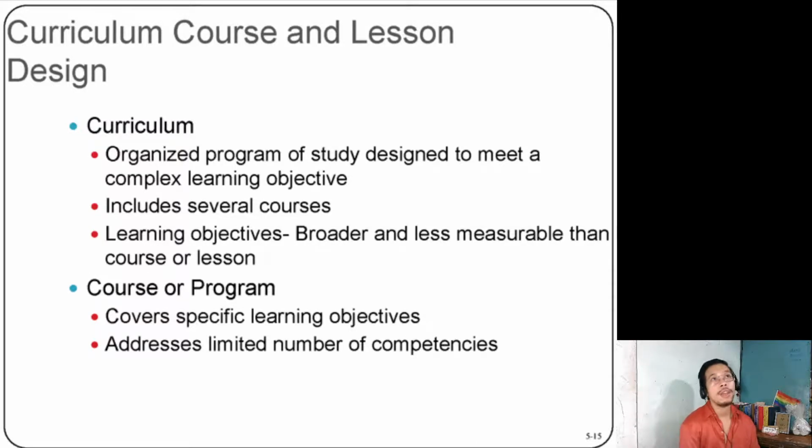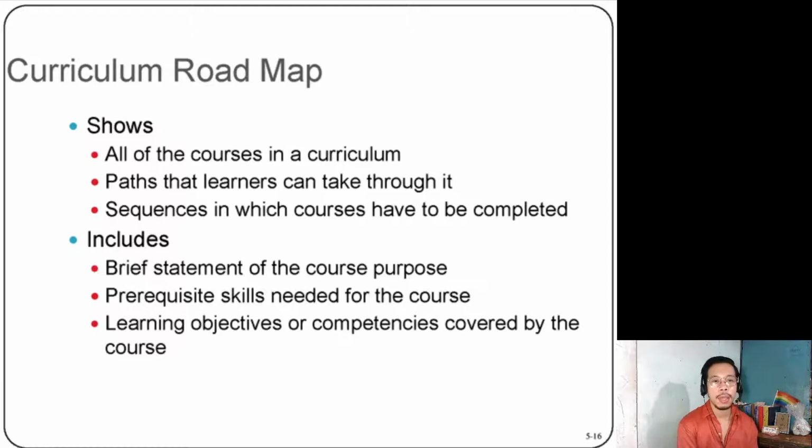So, in the context of the BS Psychology curriculum, one course there, for example, is training and development or theories of personality. So, that's an example of a course that is found under the curriculum of the BS Psychology program in USPF. Right? The curriculum shows all of the courses in it.